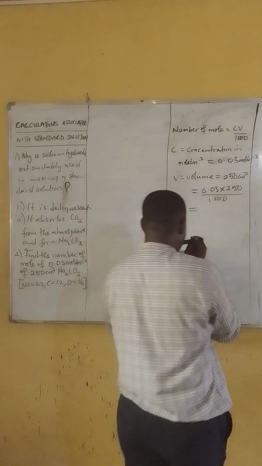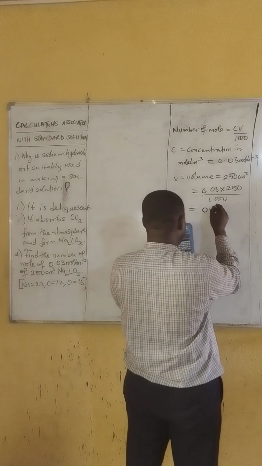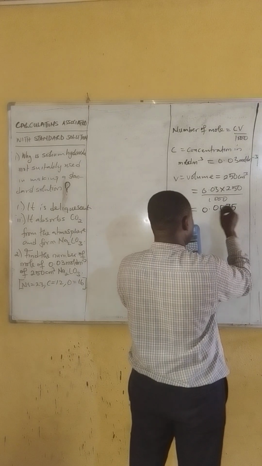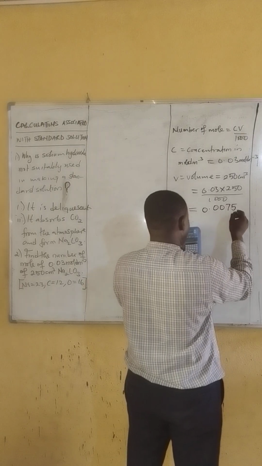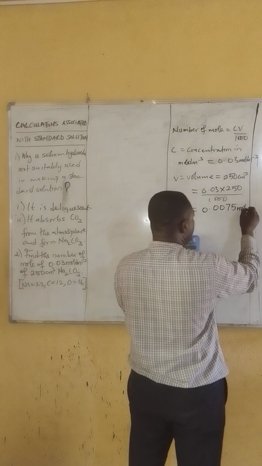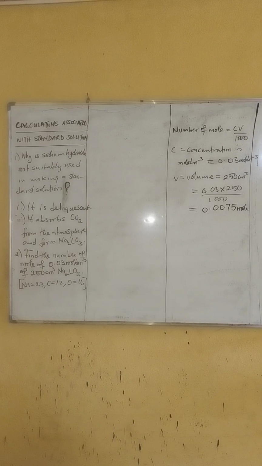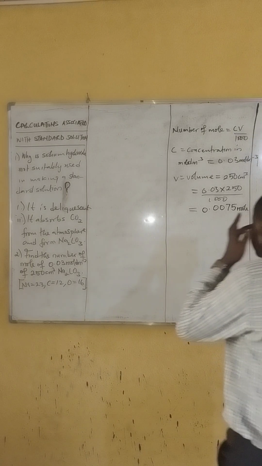So we have 0.0075. So that's how to do that. Having done that, that's that.